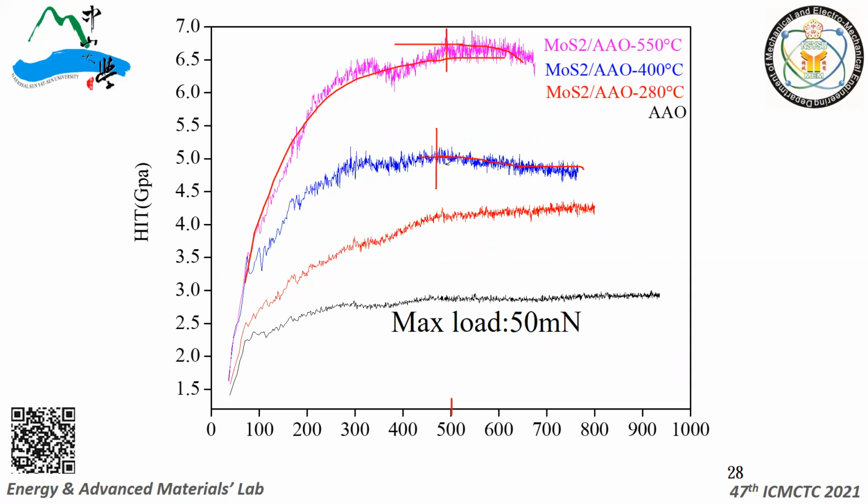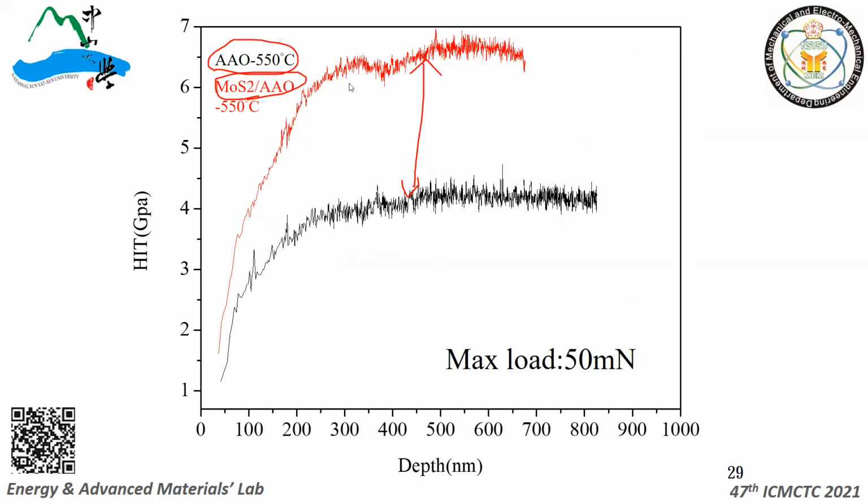For the 500 sample, the highest hardness is located at 450, and for deeper depths, the hardness is reduced. Also, we compared the pure AAO annealed at 550 and the MoS2-coated AAO pyrolyzed at 550. So you can see the hardness is almost double, almost double.